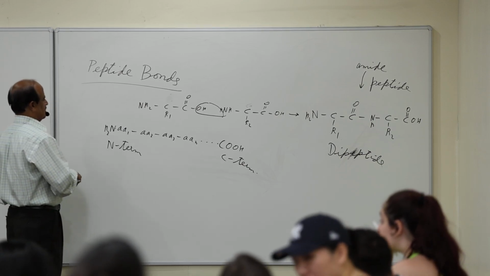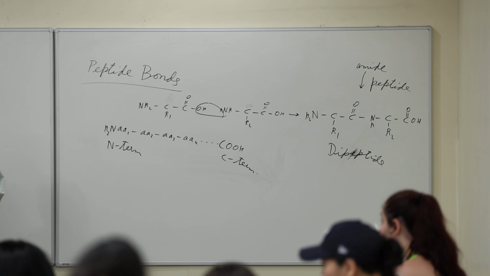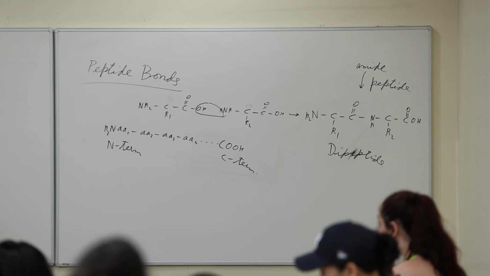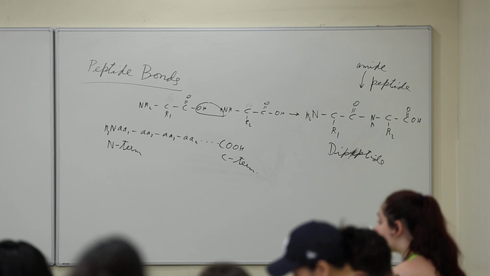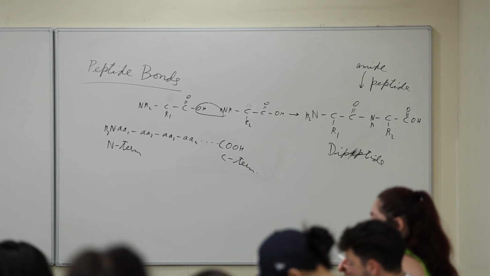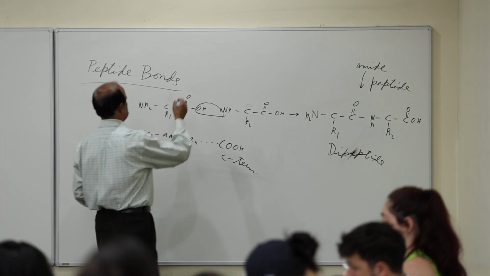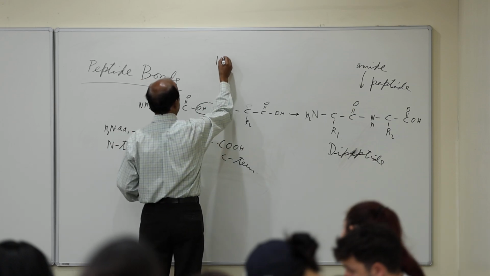So if you take all the amino acids, they are of course all different sizes, but you can always take an average of all the amino acid molecular weights, and that molecular weight comes to 128.